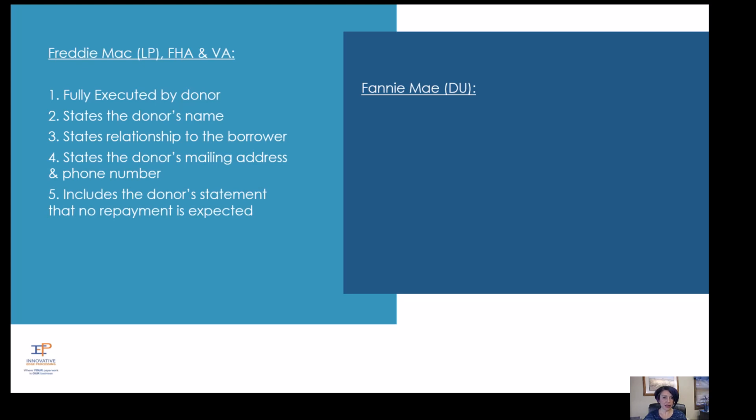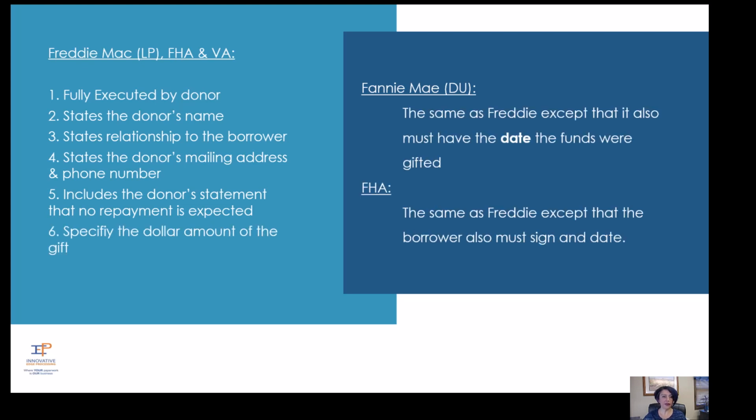It must state clearly in this letter that there is no expectation of repayment, and specifically state the dollar amount of the gift. Now, DU has one additional item that they require, and it must have the date the funds were gifted. And then lastly, for FHA, it is exactly the same as Freddie Mac. However, the borrower must also sign and date the letter as well.